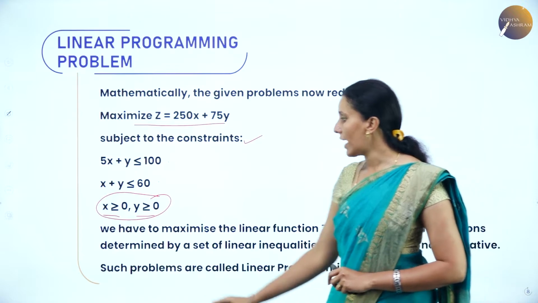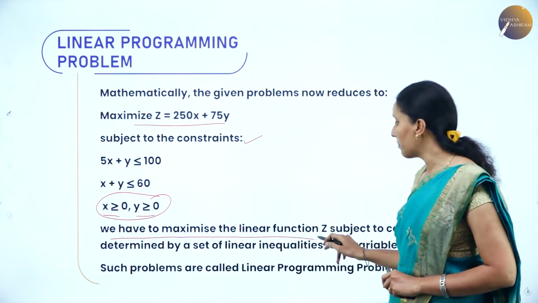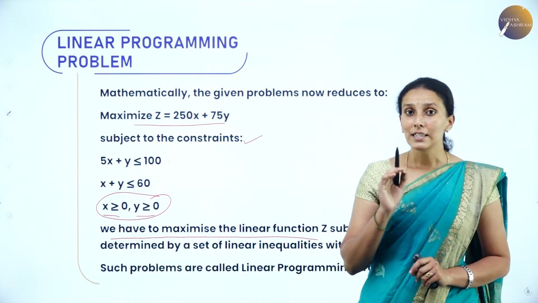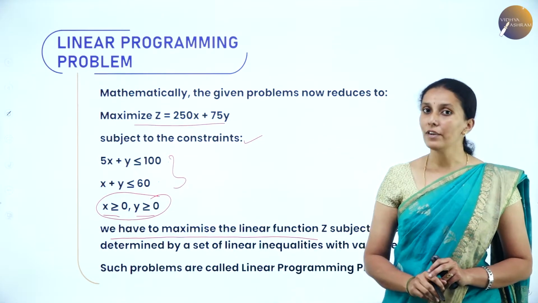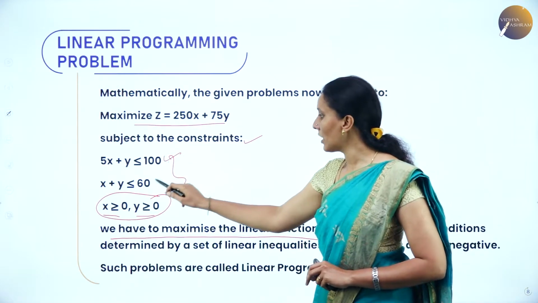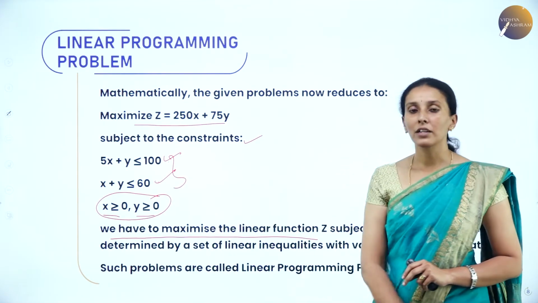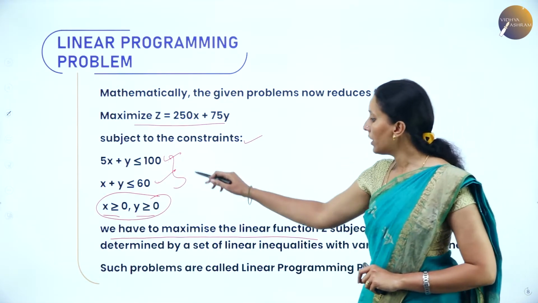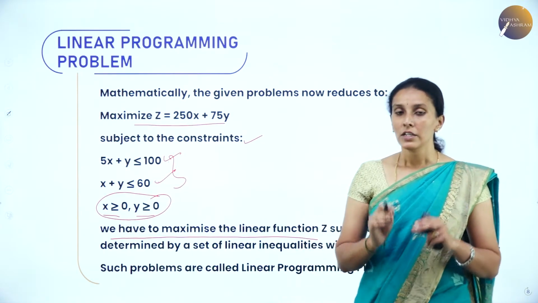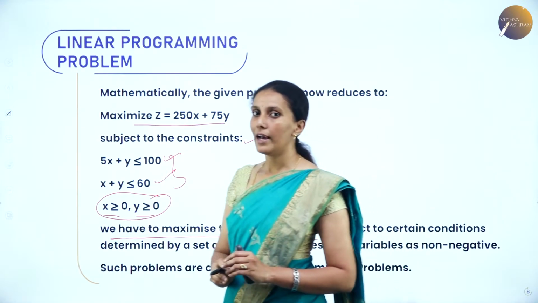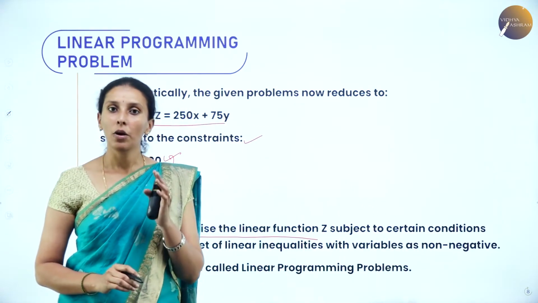Thus, we have to maximize the linear function z subject to the given constraints determined by a set of linear inequalities. These are linear inequalities. We are going to find the solution satisfying both the linear inequalities and find the maximum value of z. Such a problem is called a linear programming problem.